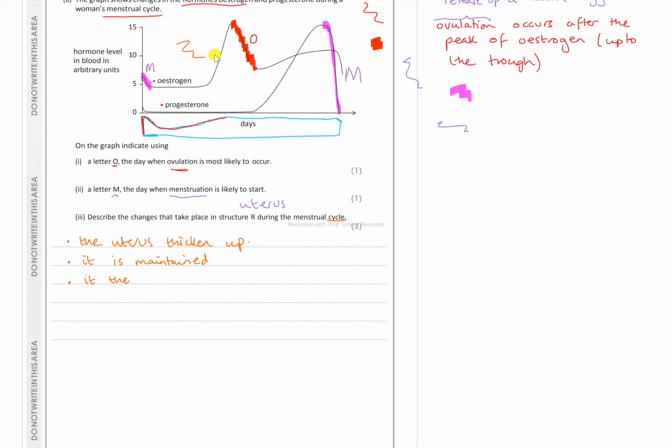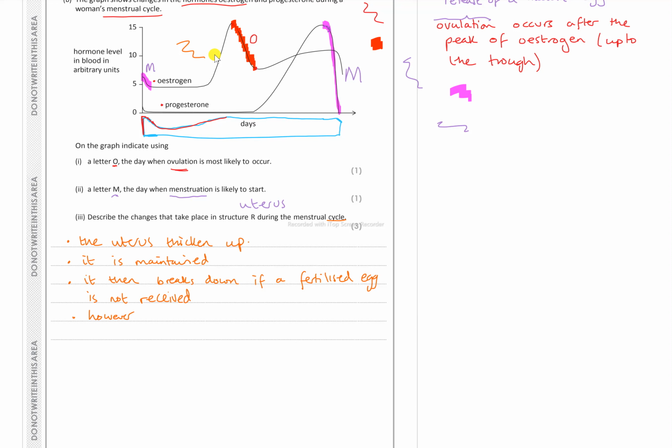It breaks down if a fertilized egg is not received. Right.